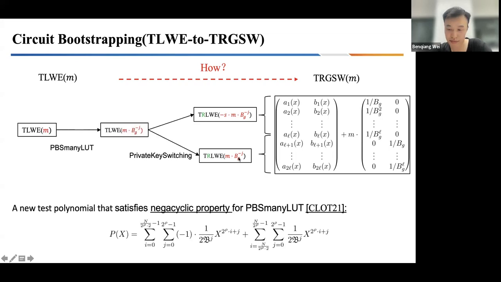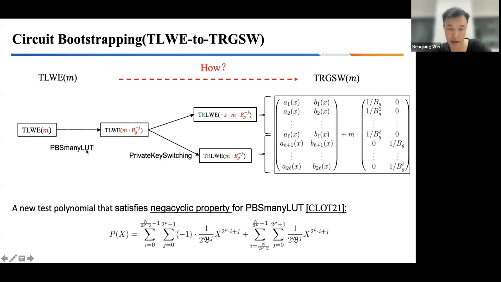So the specific conversion process can be realized in two steps. The first one is PBS many LUT.